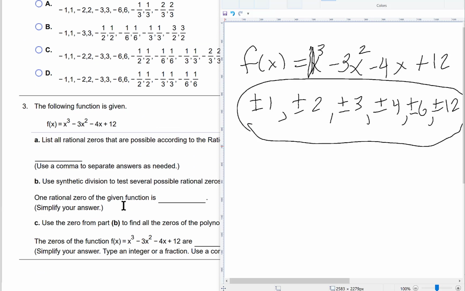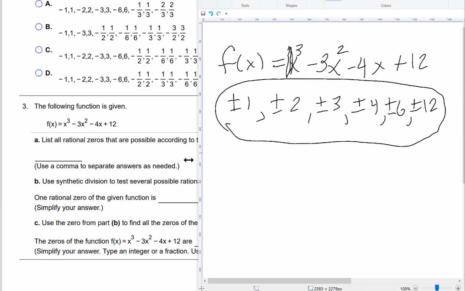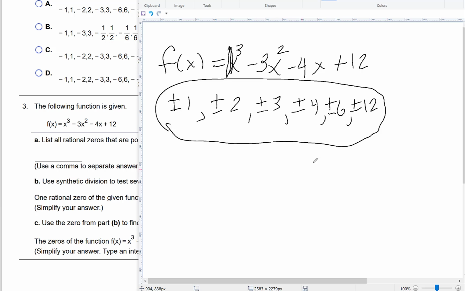Now we're supposed to use synthetic division to see if any of these work. Okay, let's give myself a little more space here. Now, where do you start? Well, that's up to you. I always start with the smallest one and work my way up. We're only required to find one by synthetic division, and then we can see if the reduced degree polynomial will factor, or you can continue to use synthetic division.